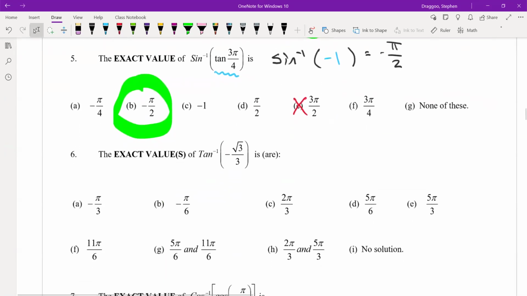Right. On to number 6, finding the exact value or values of tangent inverse of -√3/3. Let's start by just approaching the trig question that's in here. Tangent inverse is a function, and an important property of functions is that there's only ever one output value for a given input.